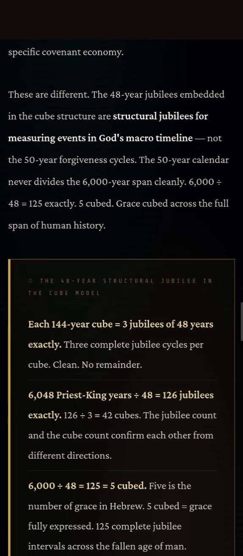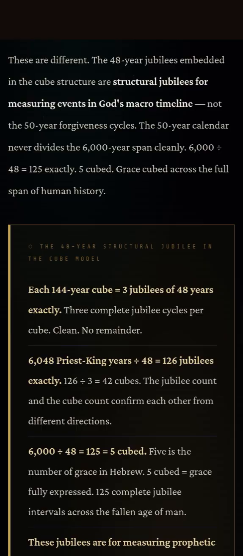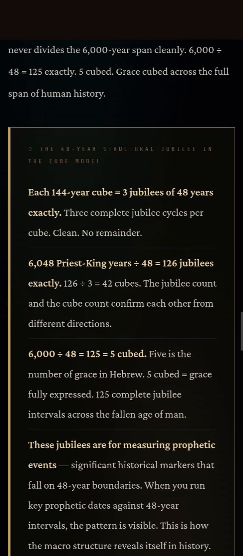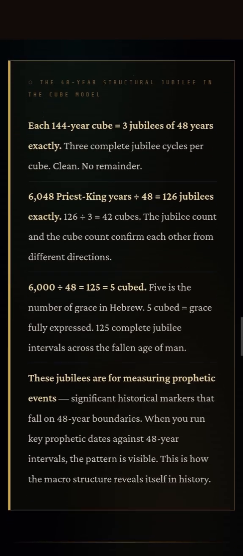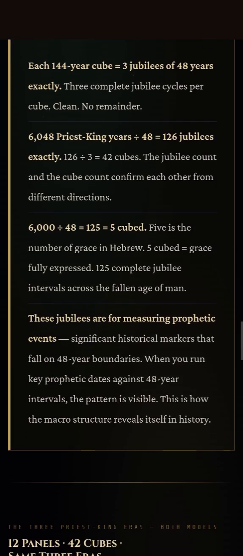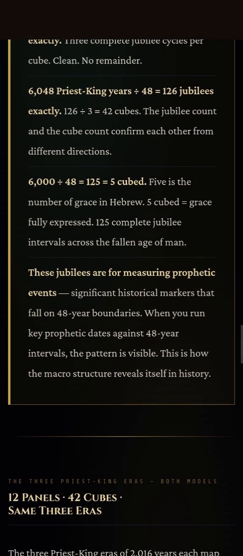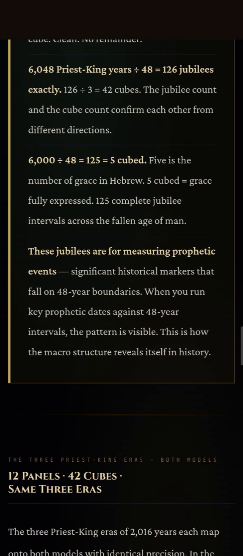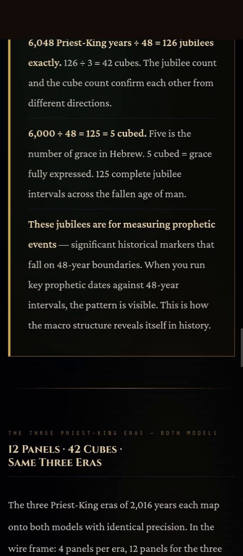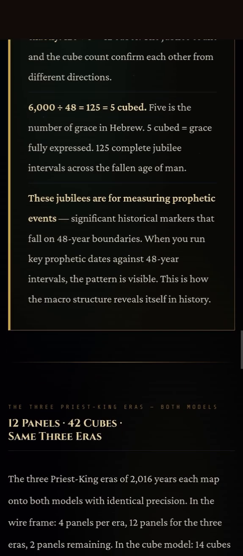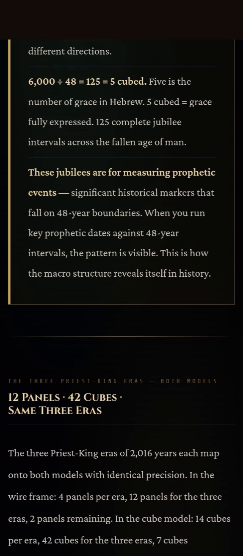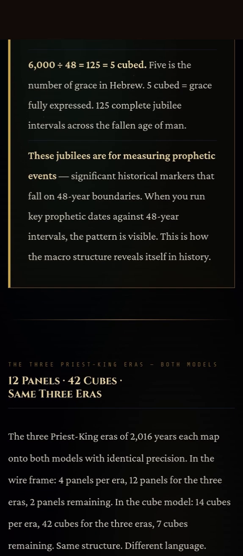Each 144-year cube contains exactly 3 jubilees of 48 years, no remainder. 6048 priest king years divided by 48 equals 126 jubilees, divided by 3 equals 42 cubes, confirming the cube count from yet another direction. And 6,000 divided by 48 equals 125 exactly, which is 5 cubed. 5 is the number of grace in Hebrew, grace cubed across the full span of human fallen history.